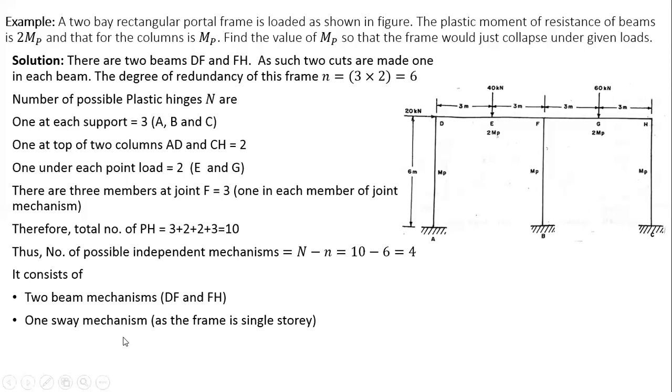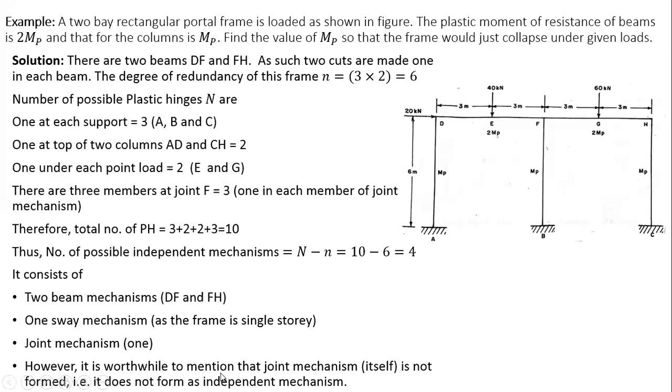One sway mechanism, where under this load the sway deflects to the right side. We have only one sway because the frame is single storey. Then we have the joint mechanism also, because three members meet here. So we have two beam mechanisms, one sway mechanism, and one joint mechanism.